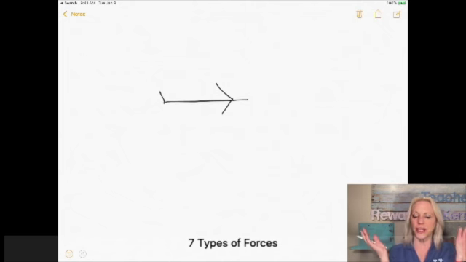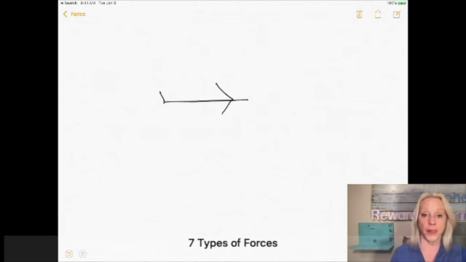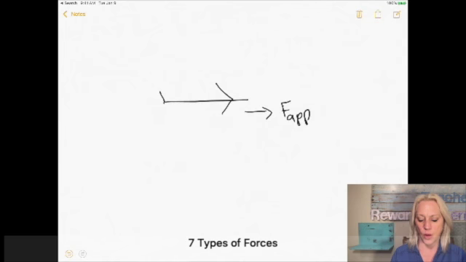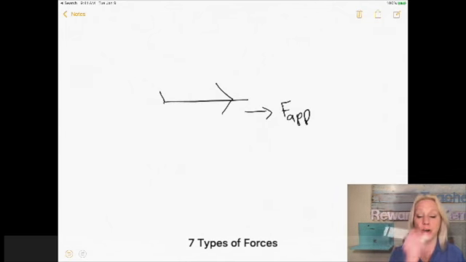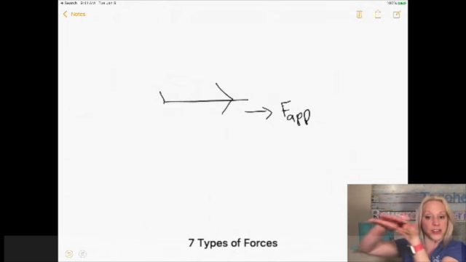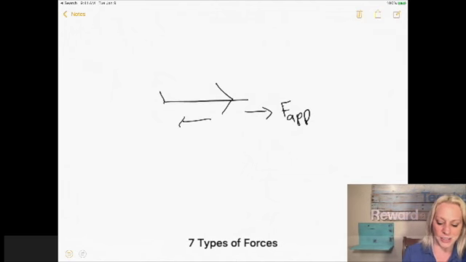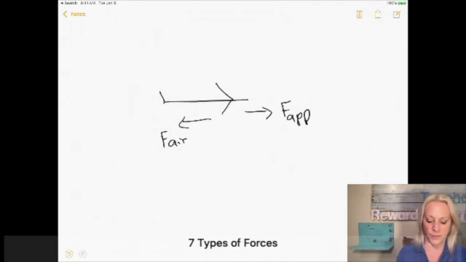All right, now let's look at an airplane. When an airplane is moving, the jet engines are causing a force that we can call applied again, or we can even call it a push because the engines are pushing the airplane to go this direction. On the other hand, we're not on a flat surface, but something is slowing down the airplane. So in this case, we say this is called force of air, and we abbreviate that to be air resistance.